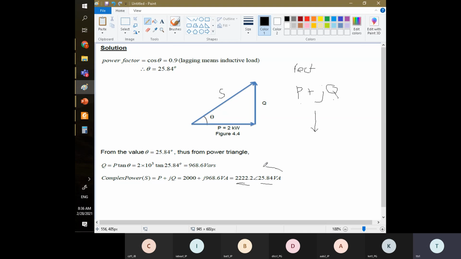So this is the phasor form. As a student, you need to be able to convert from here to here, and from this format to this format also. The reason is this format is easy for addition and subtraction.